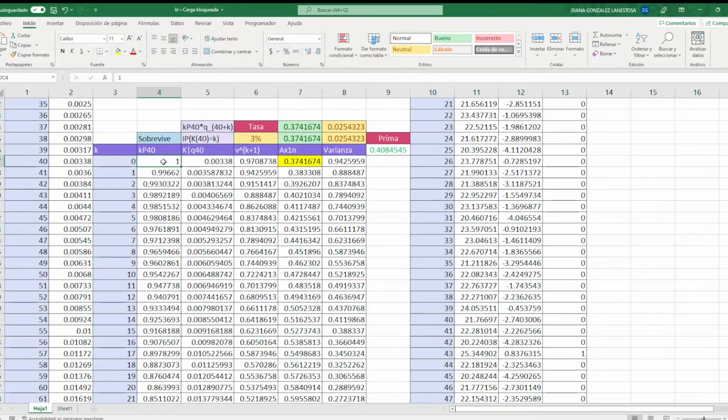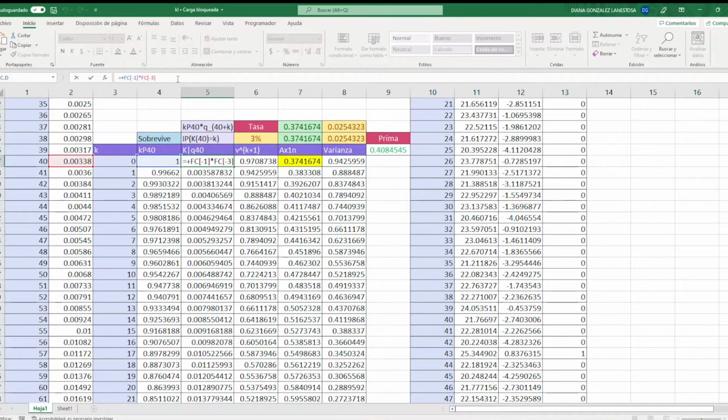Knowing the person is already 40, the probability is 1. Now, k|q40 means that a person of 40 survives k years and dies the following year. Therefore, we need him to survive k years and die in the next year, and so we multiply these two columns.